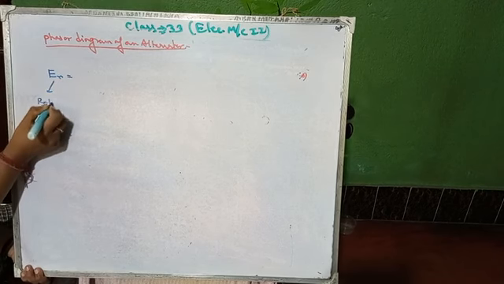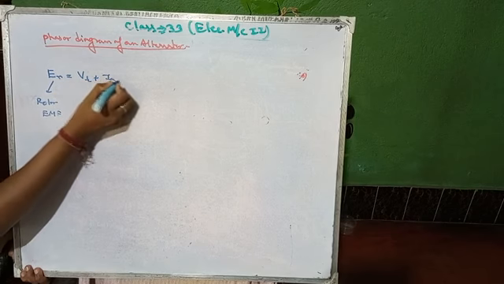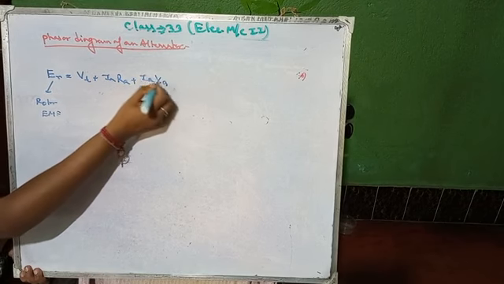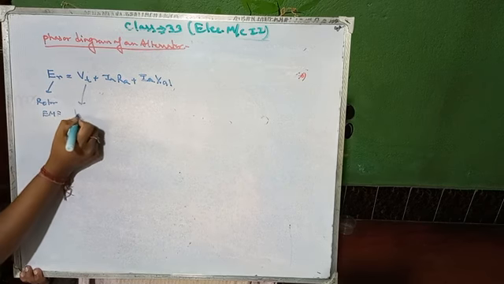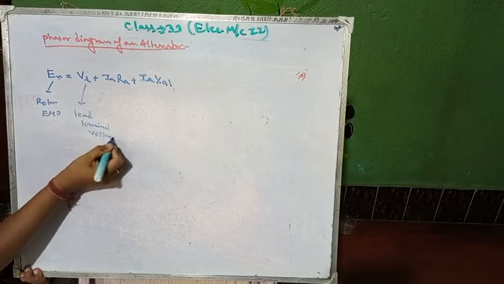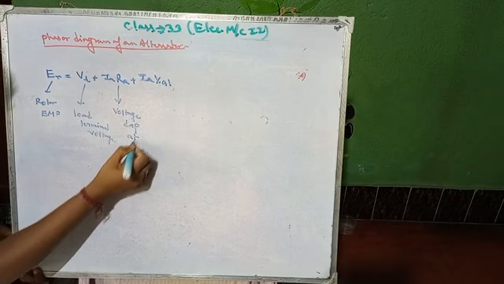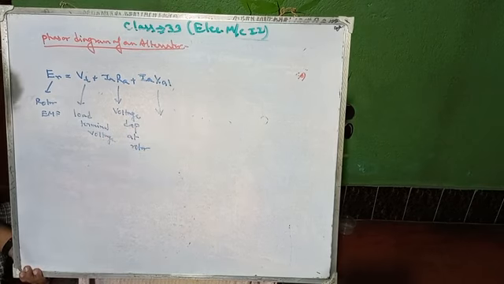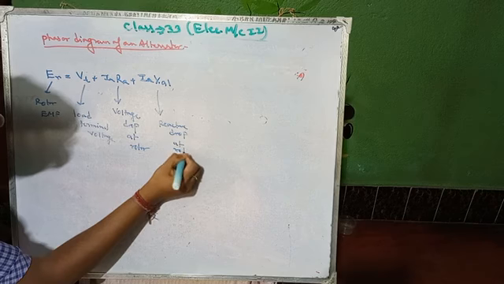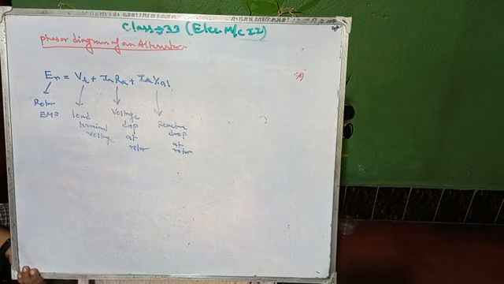E_R means rotor EMF, which equals Vt plus Ia Ra plus j Ia XL. Here Vt equals the load terminal voltage, Ia Ra equals the voltage drop at the rotor, and Ia XL equals the reactance drop at the rotor. So this is the EMF for the rotor side.